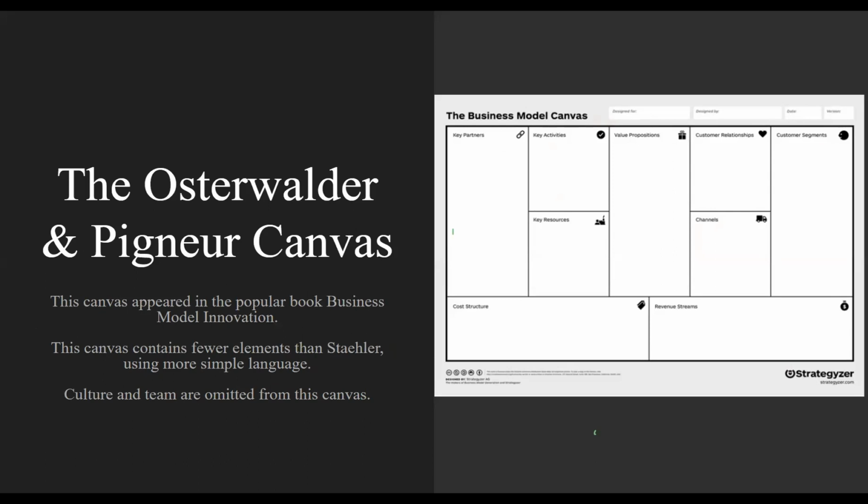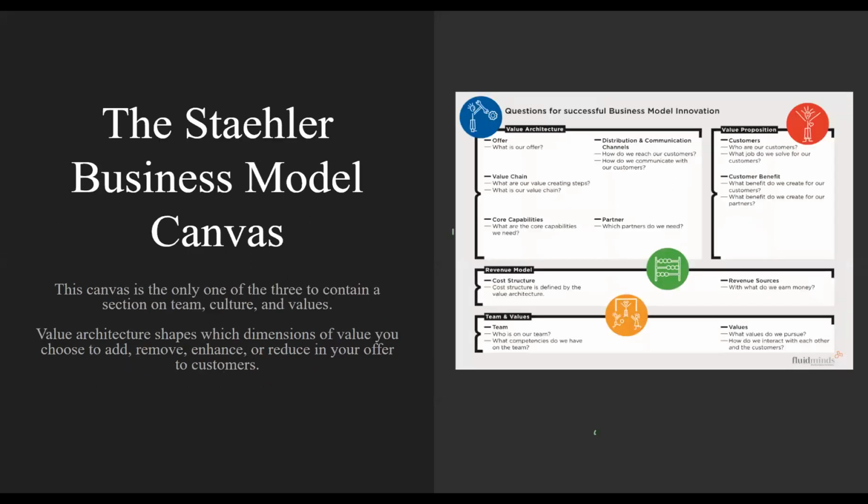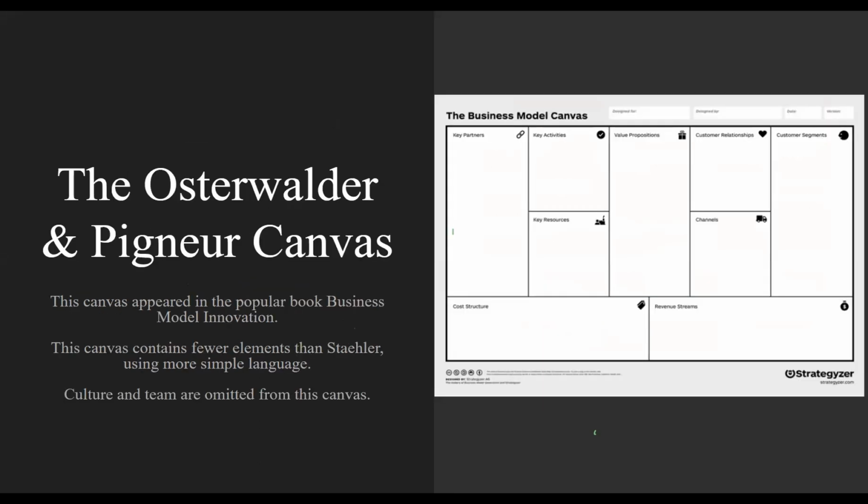But if you are newer and you are doing a canvas to see what state you are in, I recommend the Stahler business model, because it puts forward more questions to you, and while answering those questions, you will get to determine some more important parts of your business to see before you start the business.